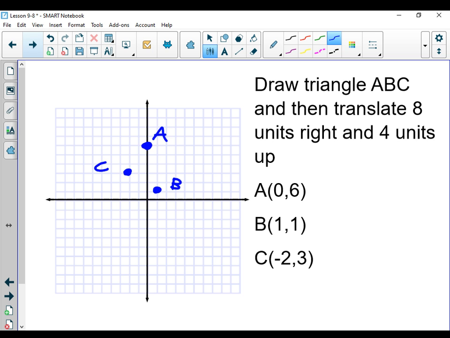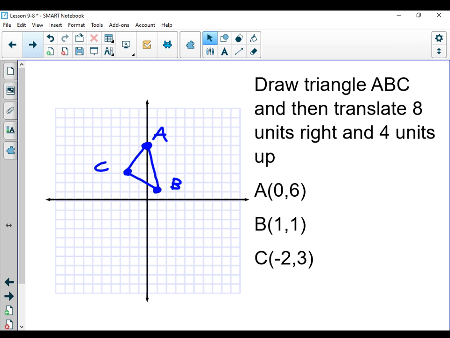Find your straight edge. Different looking triangle, right? They're telling us to move 8 right, 4 up. Where should I start?